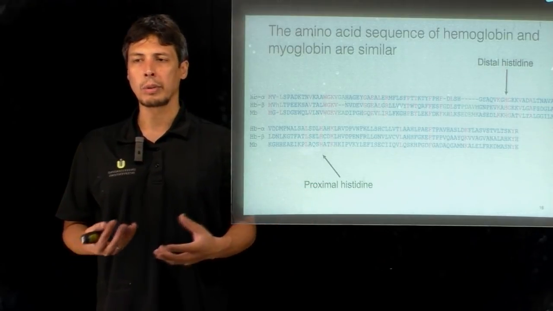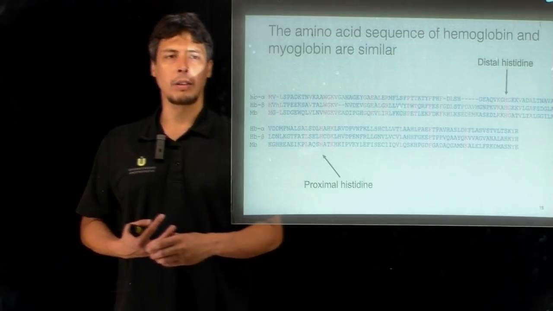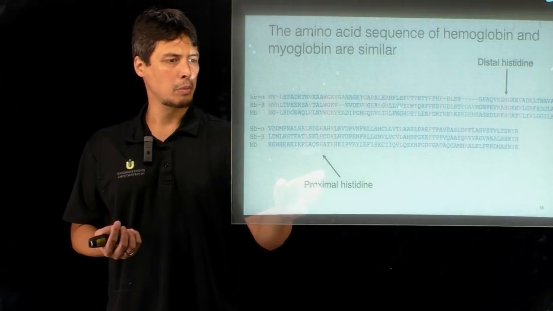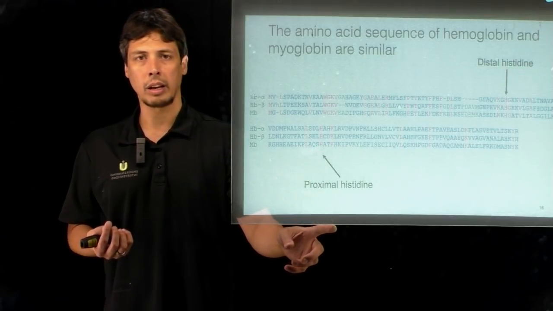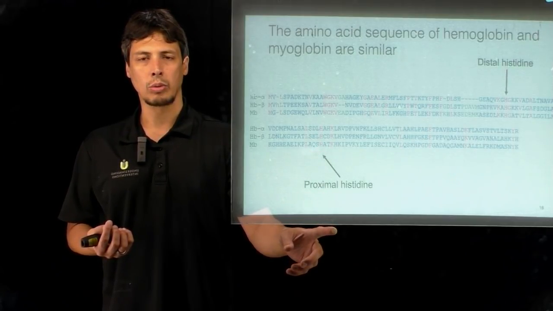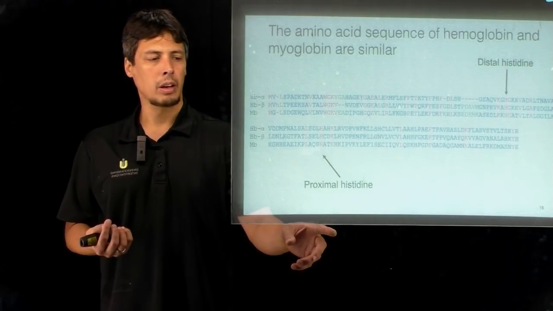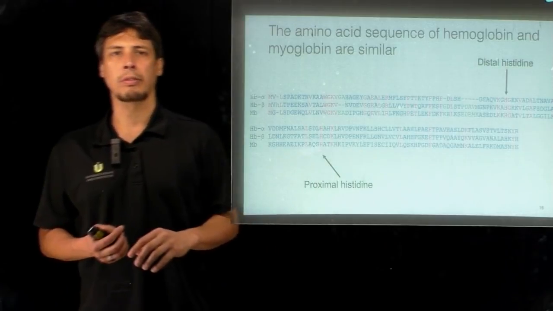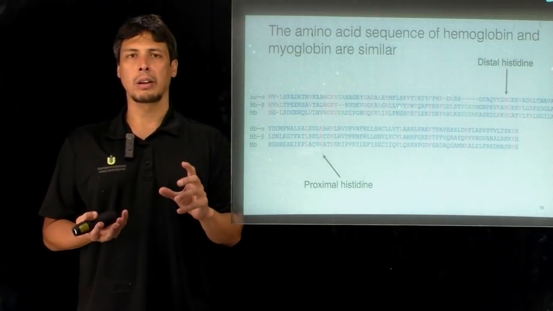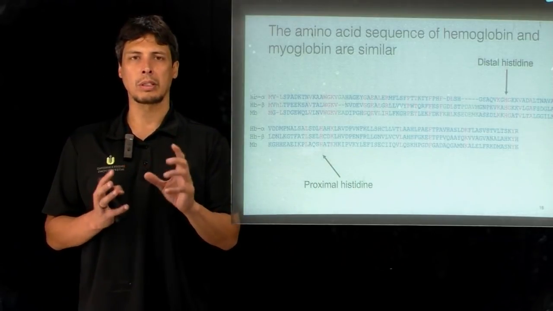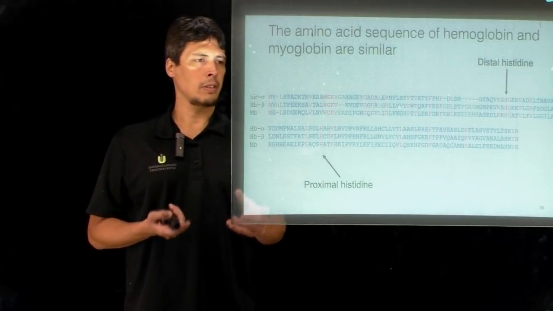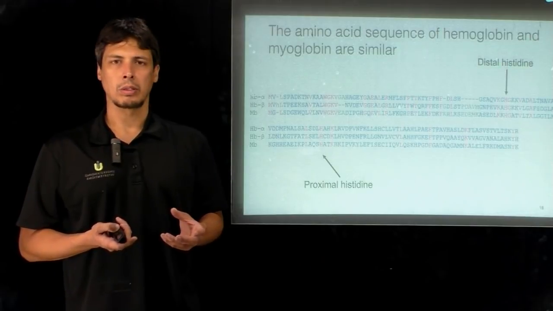And these are usually really important for the function of these proteins. And so what we see is the proximal histidine, again, which ligates to the heme iron at the ligand binding site. And then we also have the distal histidine, which is important for forming a hydrogen bond with the bound oxygen in order to stabilize the O2 binding. But it doesn't give us a lot of clues otherwise as to what's going on here.